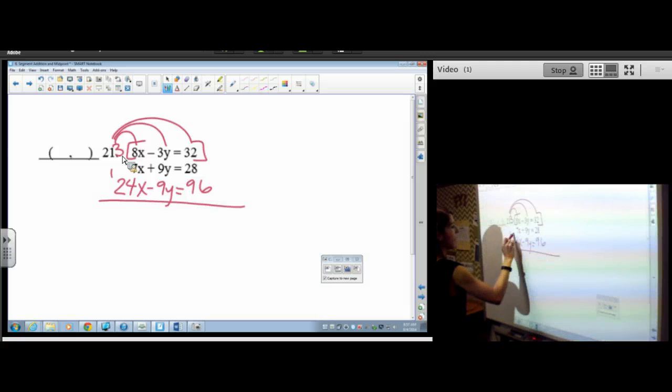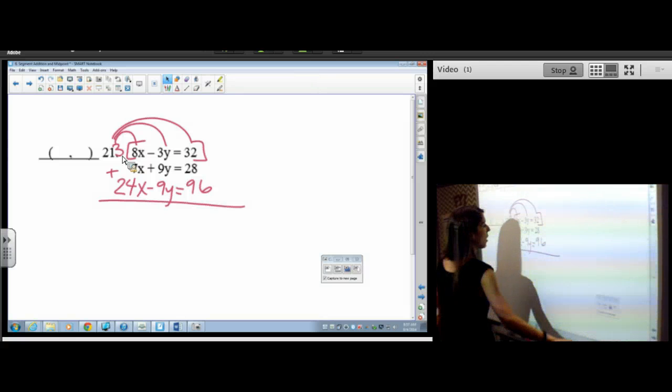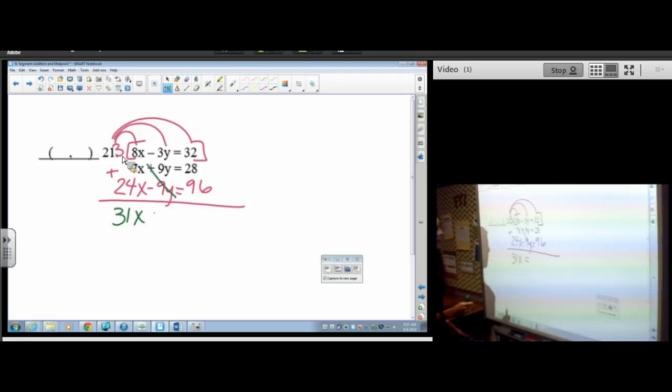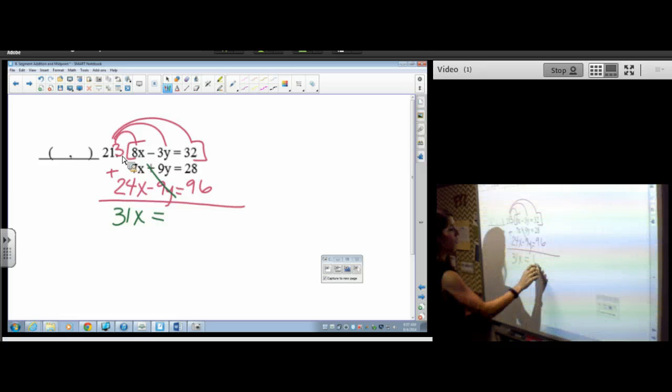Now we can add these together and solve by elimination. 24 plus 7, 31x, our y's cancel, and then we have 96 plus 28, 124.